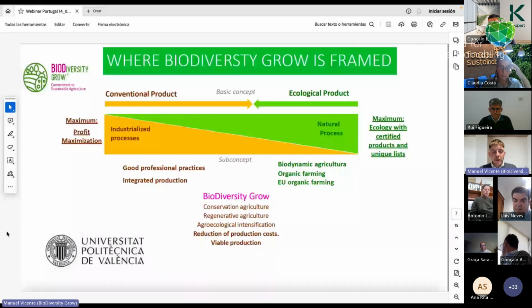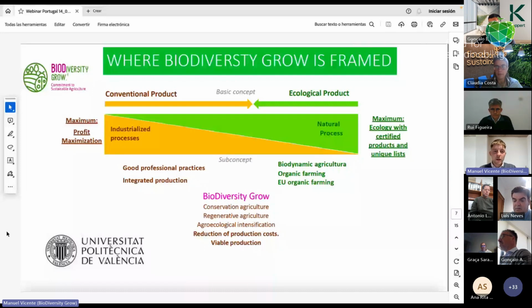BiodiversityGrow is at the end a product that is between the conventional product and the ecological product. I think we try to force a change in the production model of the growers by making them produce in another way.